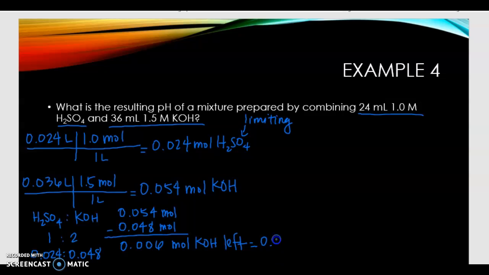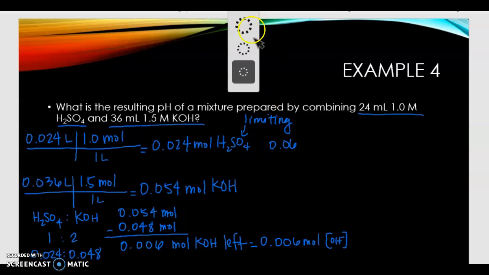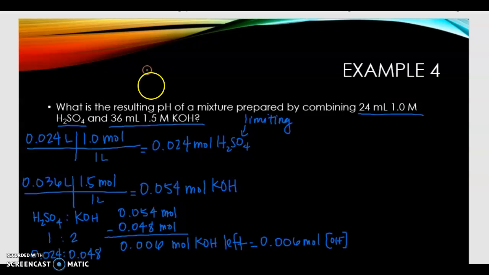So really this is 0.006. Those decimals are important. Moles of OH, or hydroxide ions. So we're going to find the molarity of that. So we have 0.006 moles of hydroxide over our total volume. See, I'm doing it again. Let me change colors actually so we can see this differently. Total volume is 24 milliliters and 36 milliliters, which gives us 60 milliliters.